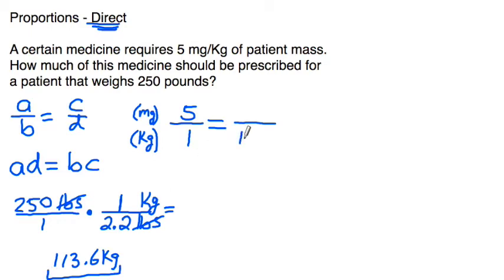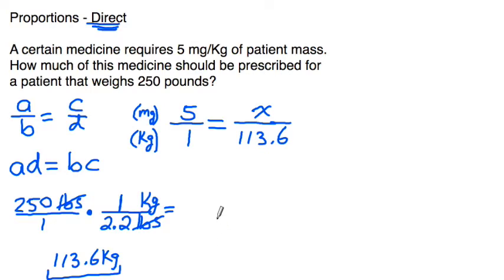So that's going to go here, 113.6. The milligrams are going to go in the top, the kilograms, the patient's weight, are going to go in the bottom. What we don't know is this variable x.